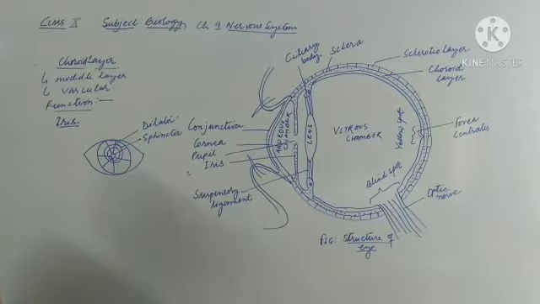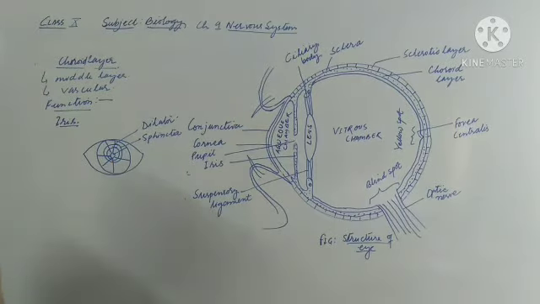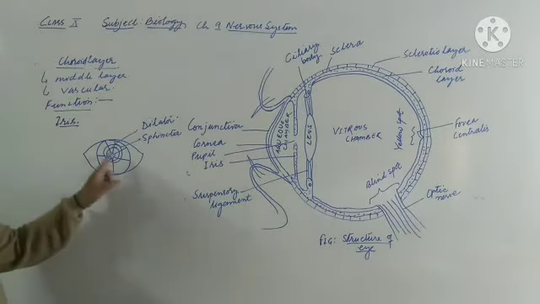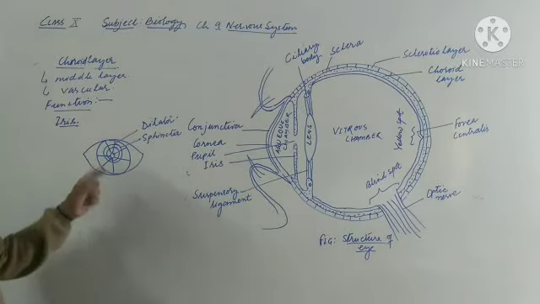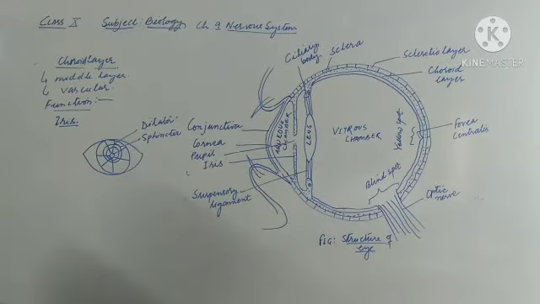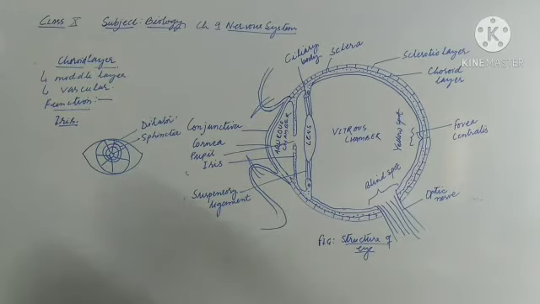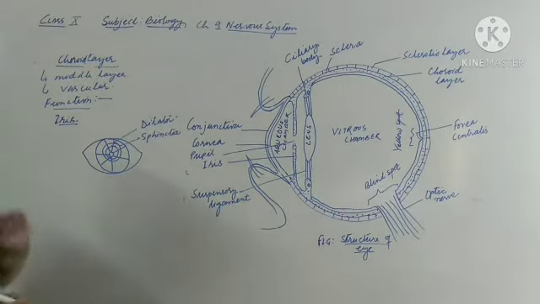When this dilator constricts, it increases the aperture of the pupil, and when the circular muscle, that is the sphincter, constricts, then the pupil becomes smaller. In this way, the amount of light entering into the eye is regulated by the iris.